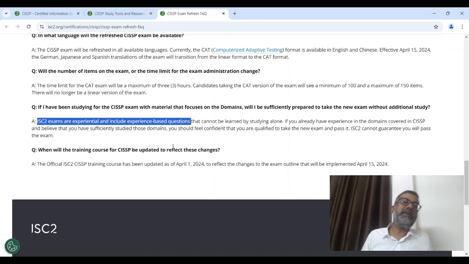So what I'm saying is that it's not going to be a memory-based question, where I have read this chapter, and it will ask me, so I will memorize everything and answer it. No, this is not going to apply. We have to understand that it's purely experience-based questions. It's not that I will just memorize and answer it. No, we have to connect to our experience.